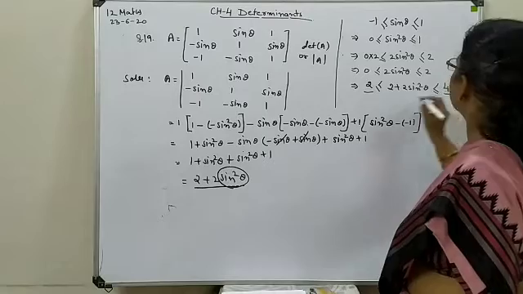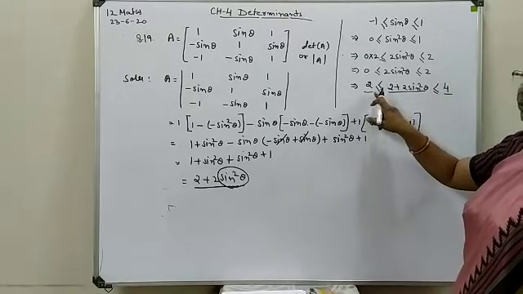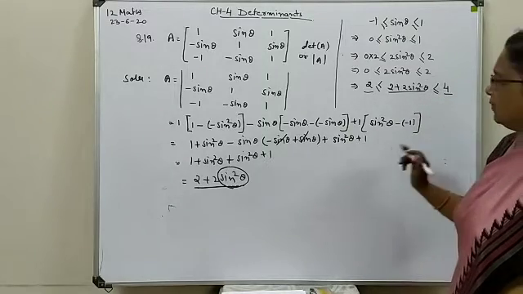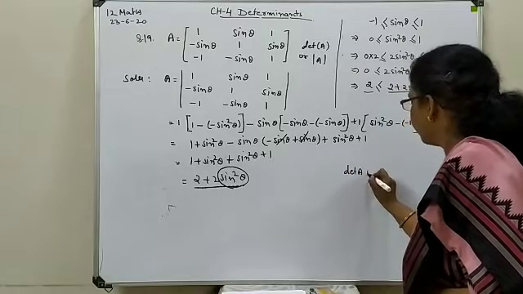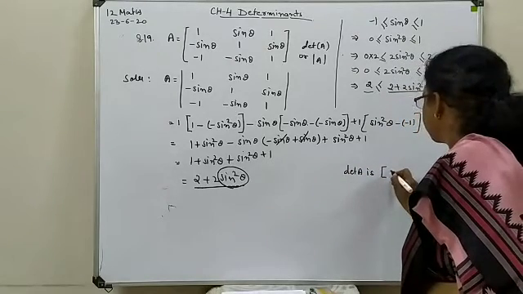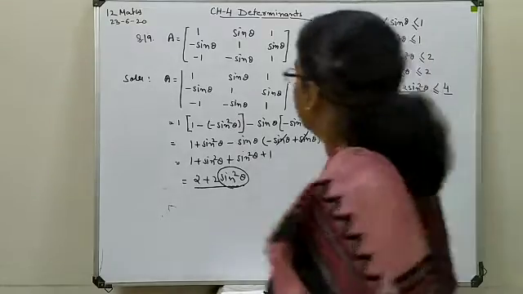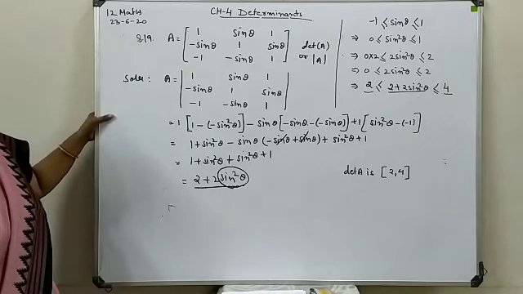So here you can see this expression value is greater than or equal to 2 and less than or equal to 4. So you can say the determinant value of A is a closed interval 2 to 4. So this way your trigonometrical term can be defined with a certain range.